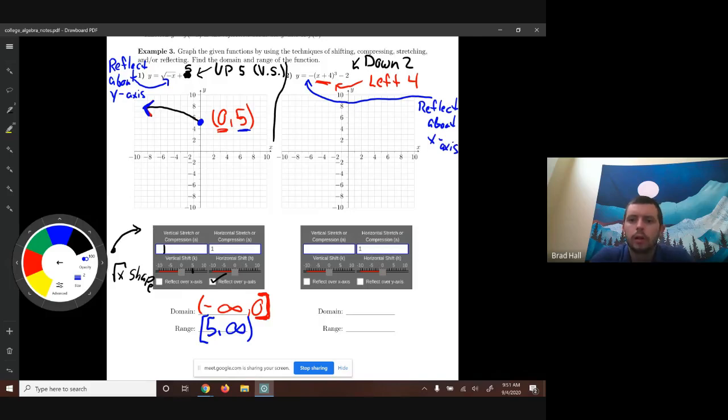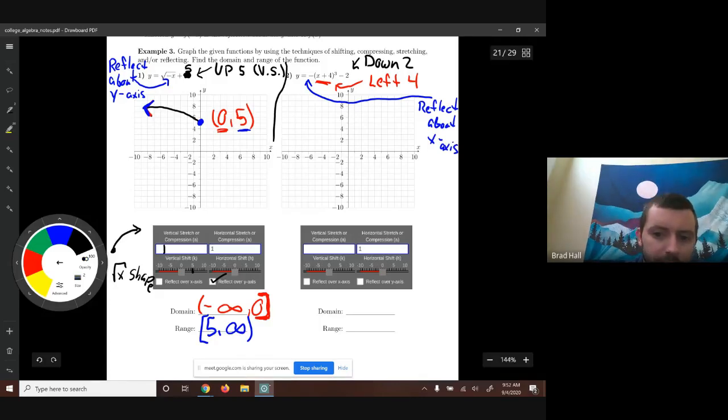One caveat here is, we have 3 different things that we need to fill in. The stretch or compression is still 1 because there's no number multiplying the function. So that should already be in there by default. We do have the vertical shift and the horizontal shift. When you start to put these in, the order in which you put them in does matter.